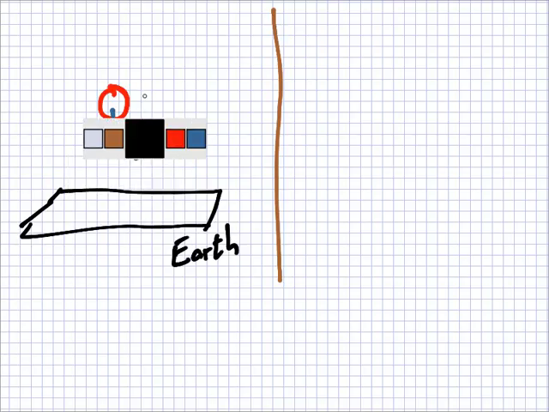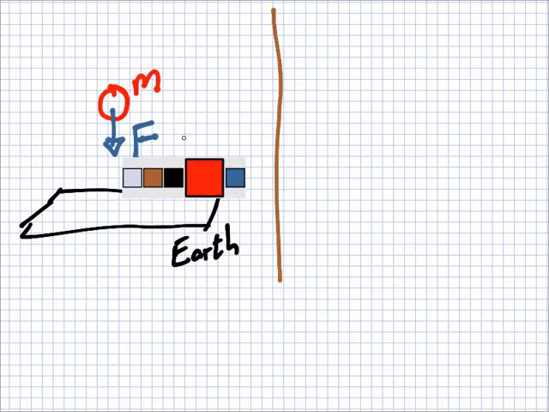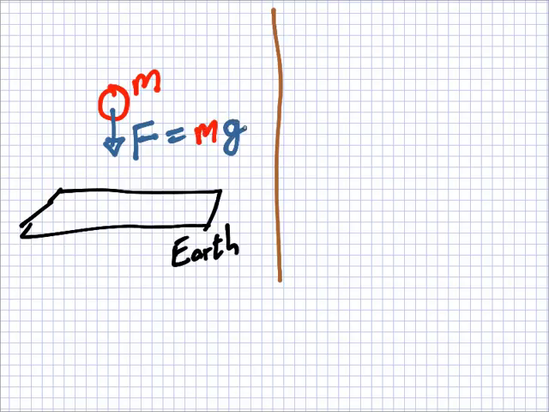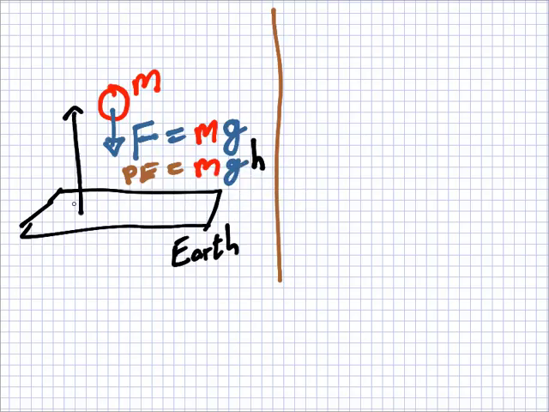And the force only really cares about its mass, because you can say F equals mg. So let me actually put the m in red here. G. Yeah? You also have the formula potential energy equals mgh, and h being how far it is above the Earth.